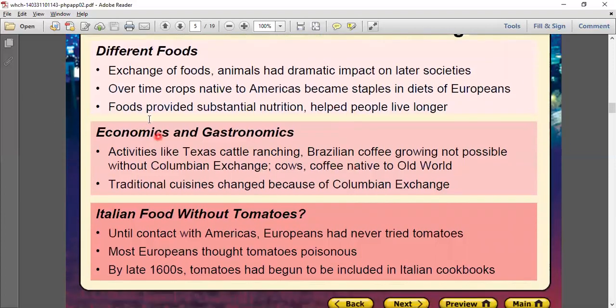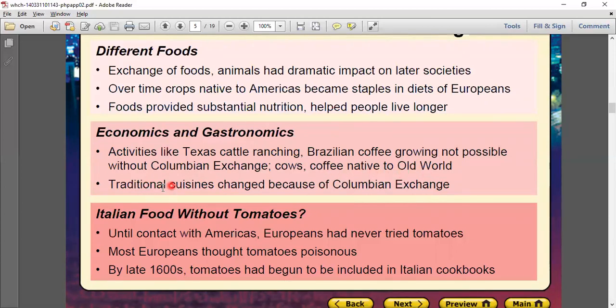Then we talk about economics and gastronomy, such as taxes and cattle ranching. We mention that Brazilian coffee growing was not possible without the Columbian exchange, because coffee wasn't known in the Americas, but the Brazilians started to grow it and became skillful at it. Coffee was native to the Old World.